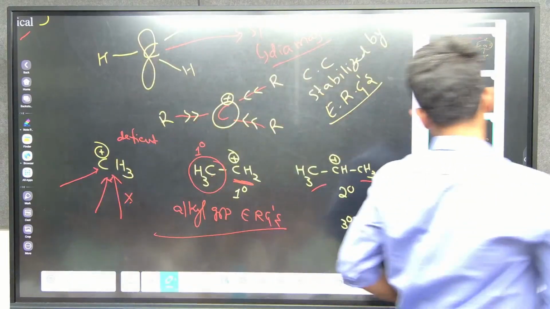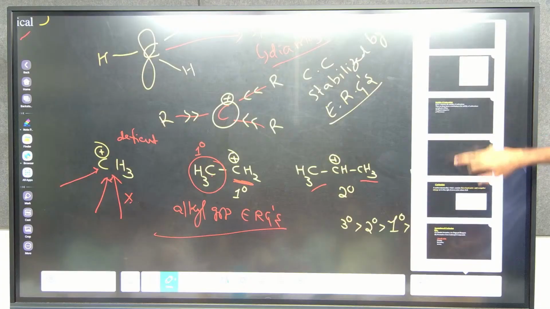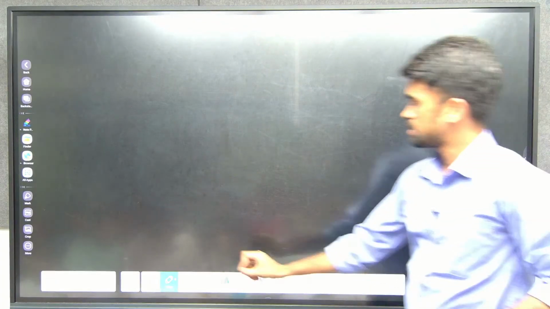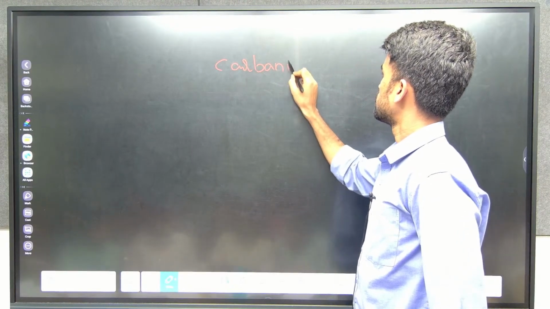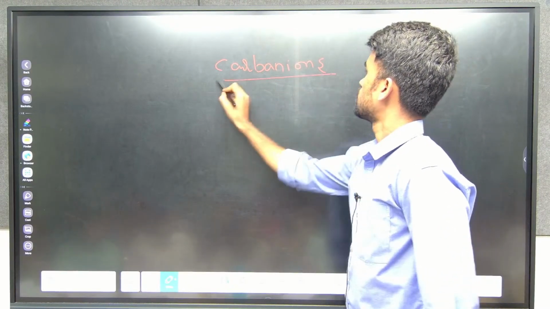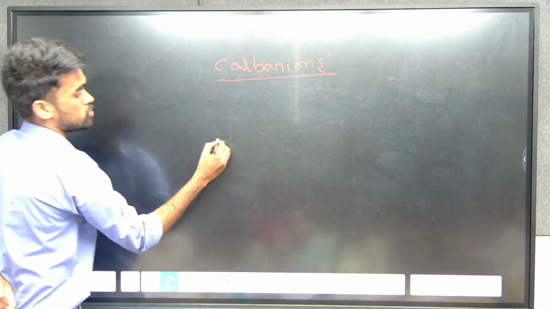Next. The next one is carbanions. See, for carbocations, what charge have you seen?